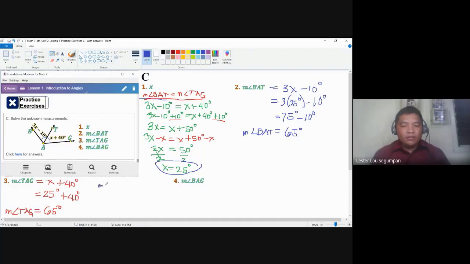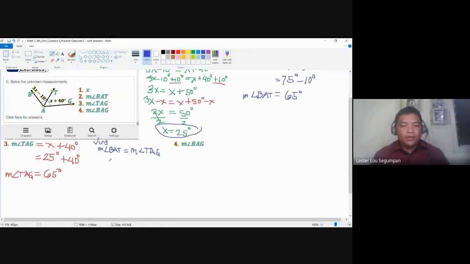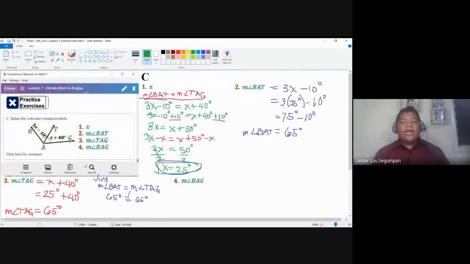The measurement of angle BAT, this is checking by the way, should be equal to the measurement of angle TAG so that we could assume an angle bisector. So the measurement of angle BAT is 65 degrees, TAG is also 65 degrees. That's correct. After using this value, that would mean this is already the checking for items 1, 2, and 3.